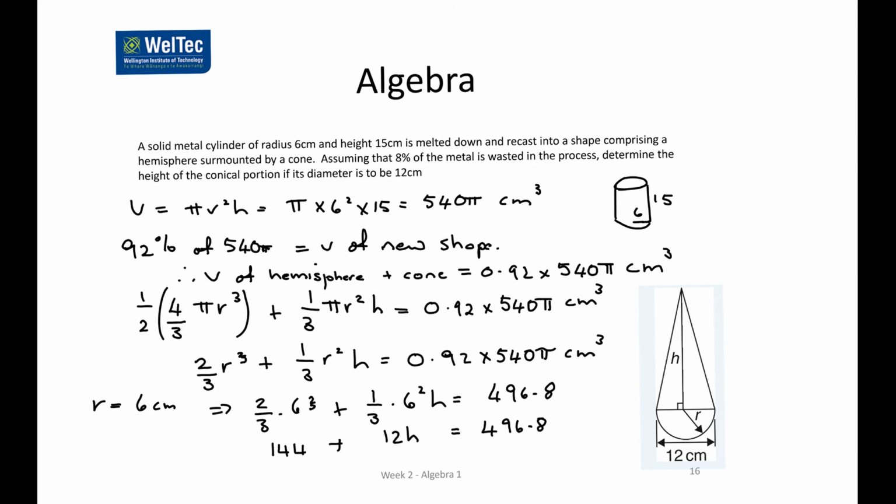And then if we just rearrange so that we've got 12h equals 352.8. Now this must be now centimetres, and h must be therefore that divided by 12, which would be 29.4 centimetres. So draw your diagram, put in things that you know, and then just gradually work your way through to find what you've been asked to do.